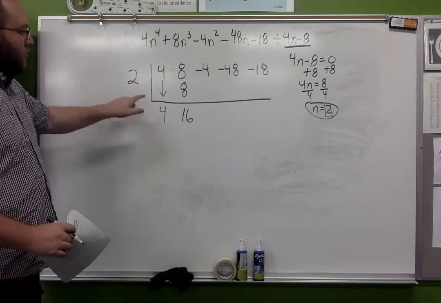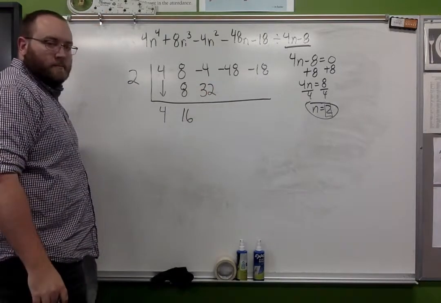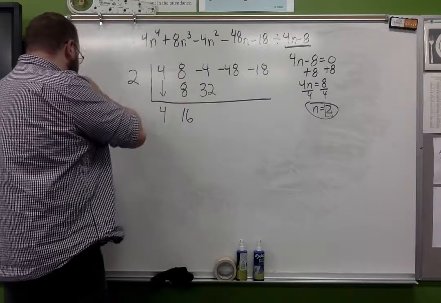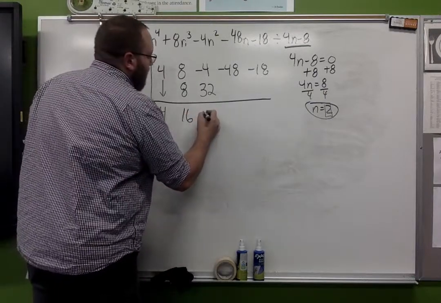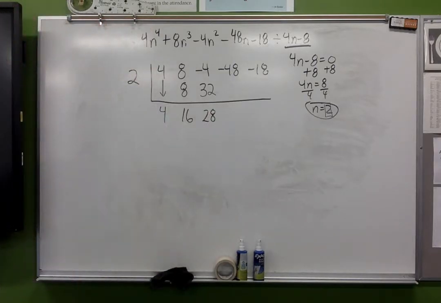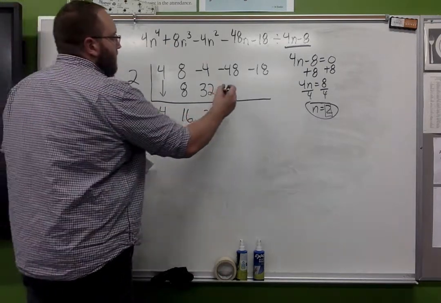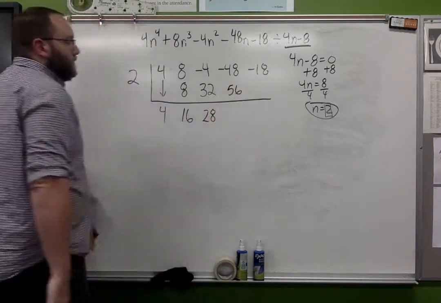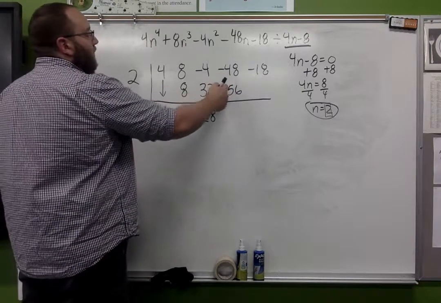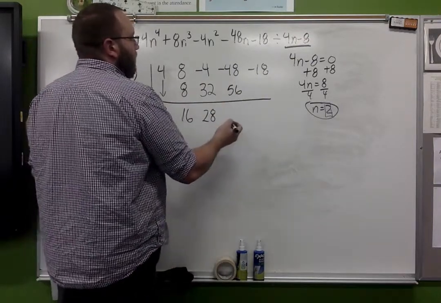Multiply. 2 times 16, 32. -4 plus 32, or 32 minus 4, is, what was that, 28? Two times 28 is going to be 56. -48 plus 56, or 56 minus 48, should give you 8, right?